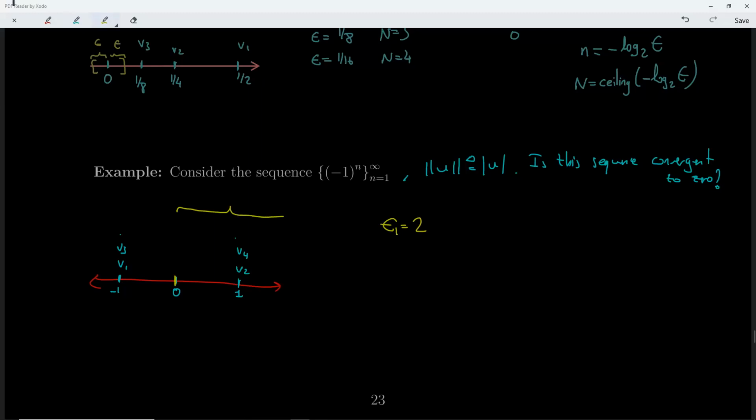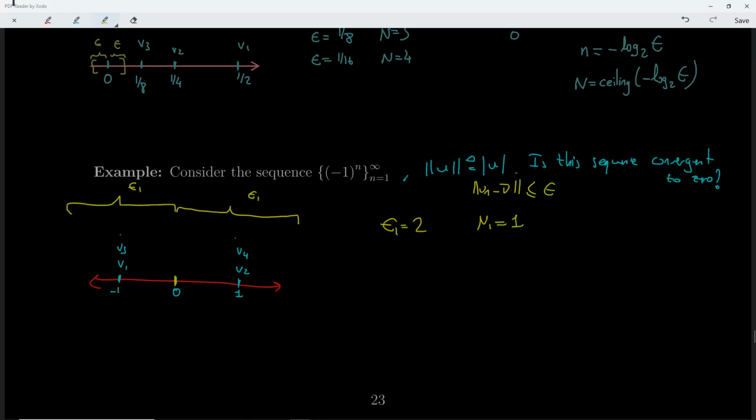So this is epsilon 1, and that is again epsilon 1, and I should be able to find the capital N such that for all n greater than that, the difference between Vn and V bar is less than or equal to epsilon. In that case, if epsilon is equal to 2, that n value is simply equal to 1, right?